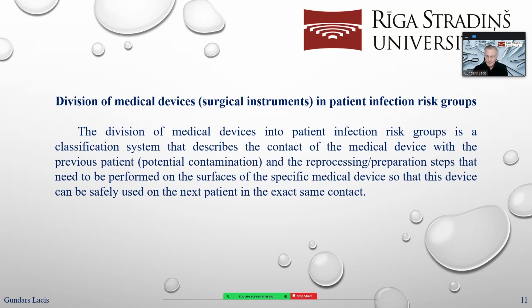This classification system describes instruments in a previous contact with the previous patient, how it was, so its potential contamination. Then the next step describes actions, what we have to do with this instrument surface to use this instrument safely for the next patient in the same contact.